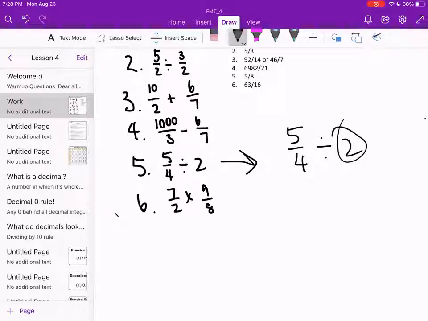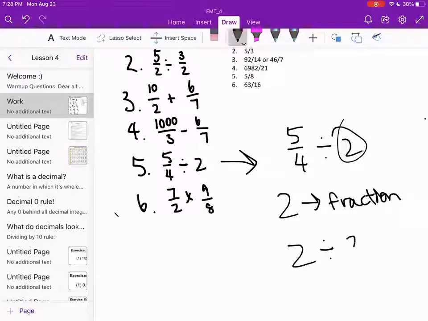Yes. So, hold up really quick. Let's say we want to make 2 a fraction, right? We want to make this a fraction. So 2 divided by what equals 2?